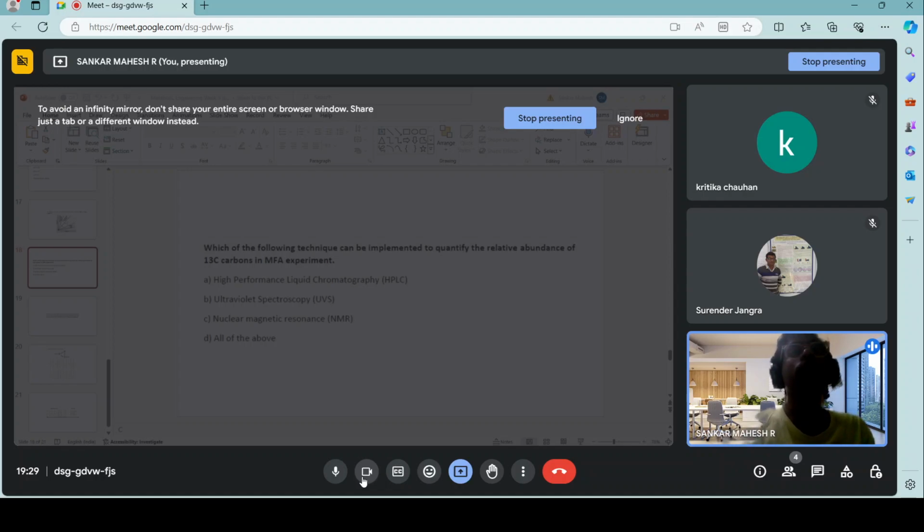So what Kritika was earlier mentioning is called isotopomer. When you distribute a radioactive substrate within the cell, a fraction of the newly produced metabolites might have this radioactive label, while the other fraction does not.